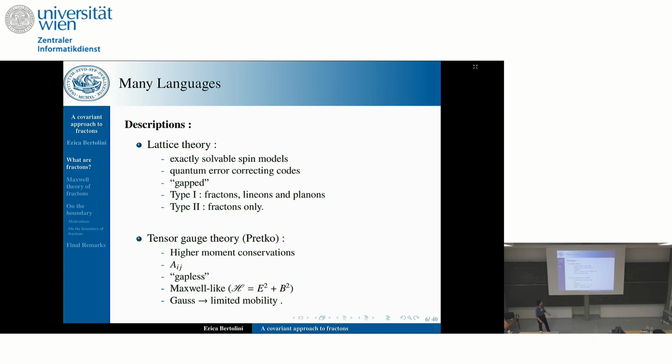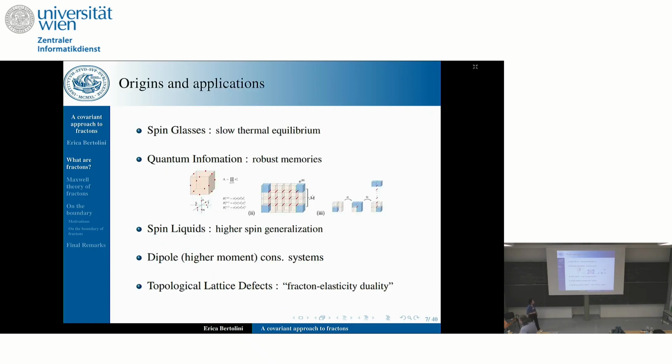These are more gapless models, meaning massless models, and they look more like Maxwell theories with, for instance, the Hamiltonian being E squared plus B squared. So we have some kind of electric and magnetic field, which I will show you in a moment. And the limited mobility in that case is described in terms of a Gauss-like constraint.